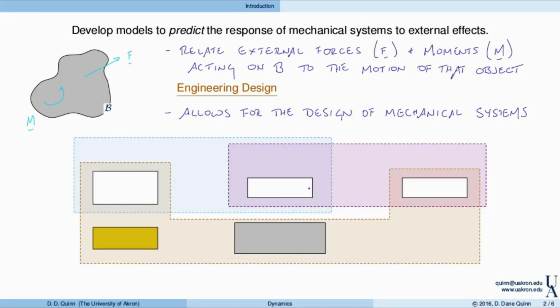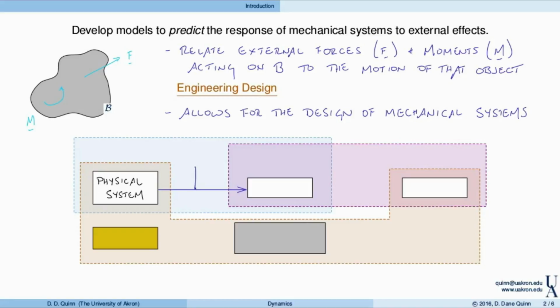So we can lay this out into a fairly nice flowchart, this engineering design process. We'll start with a physical system. This could be an existing design, or it could be a concept design. And from that physical system, the actual thing, we would like to make a mathematical model.